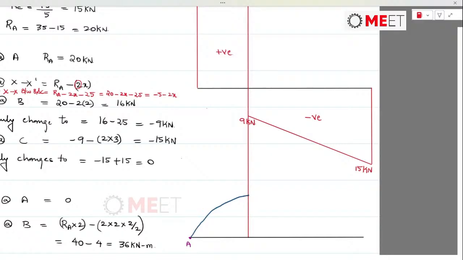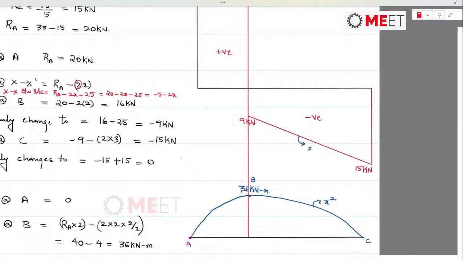So it will be maximum up till here, that is 36 kilonewton meter, and from point B onwards it is going to decrease parabolically from point B to C. So this would be the point C, and this is x power 2 behavior.